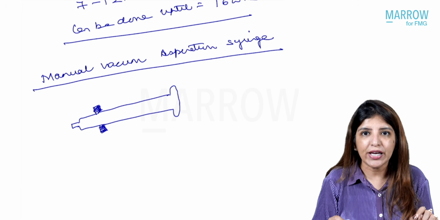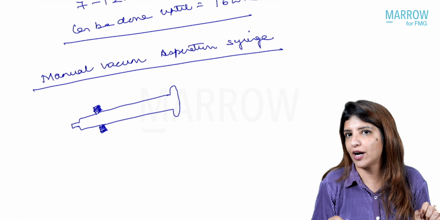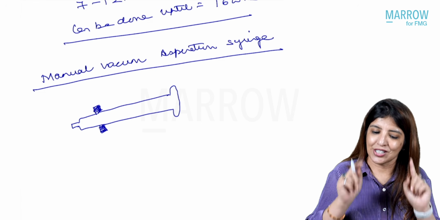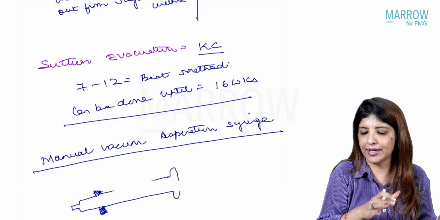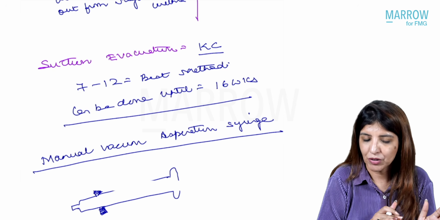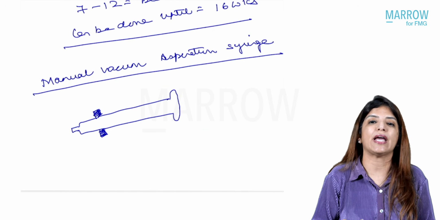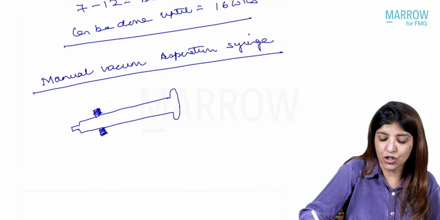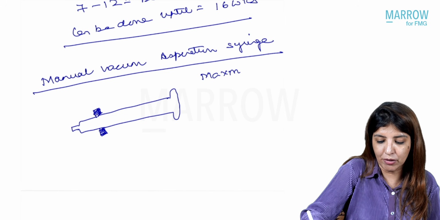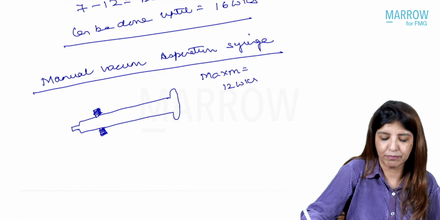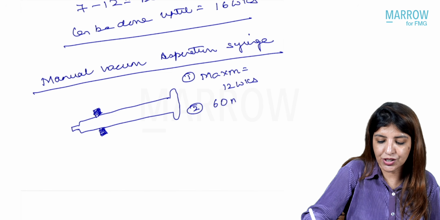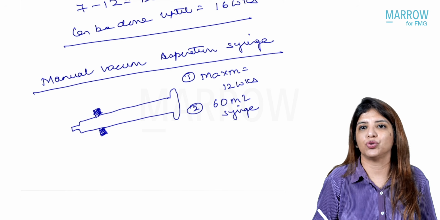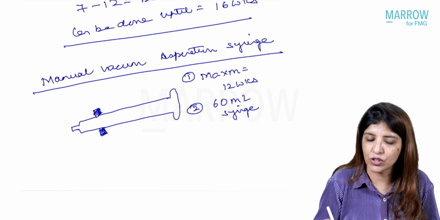Now there are a few questions which they ask you on the MVA syringe. Just now I told you suction evacuation using Karman's cannula can be done up till 16 weeks, right? But the MVA syringe can be used maximum up till 12 weeks, number one. Number two, this is a 60 ml syringe, so the next question they ask is the capacity of this syringe.